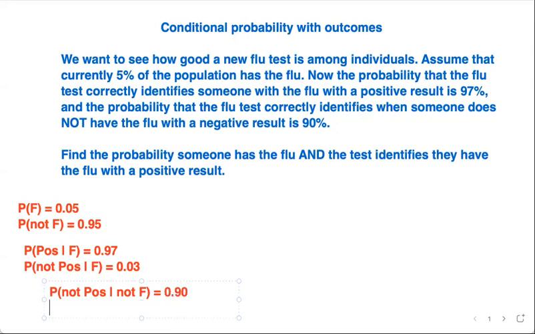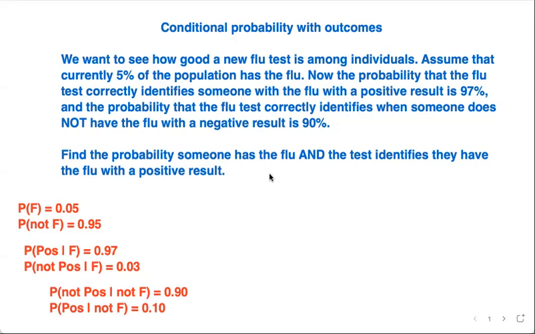So given you do not have the flu, that's conditional probability, and the test says you're not positive is 0.90. So that means the probability that it actually gives you a positive result, given you do not have the flu, is going to be 0.10. Go back through, make sure you followed all that, and these are the 6 probabilities that you're presented with.